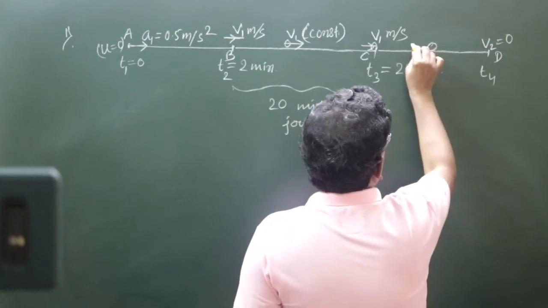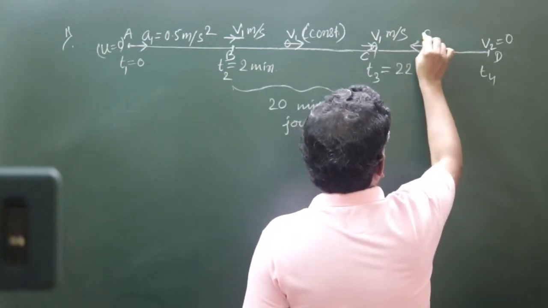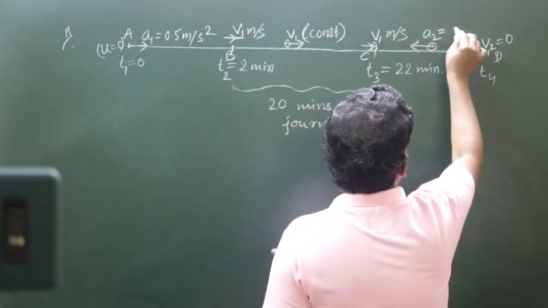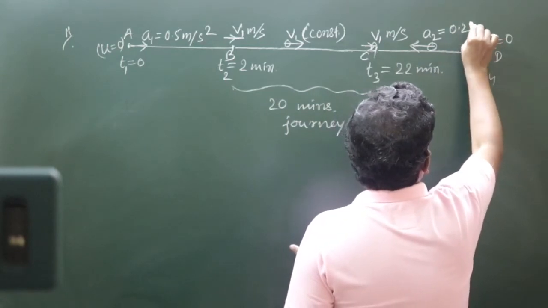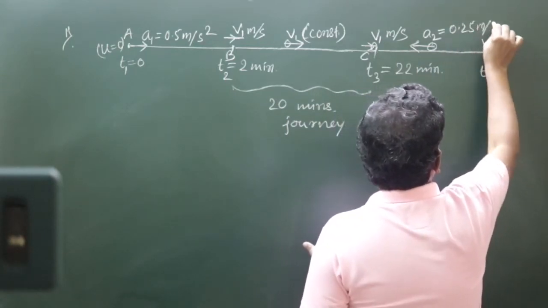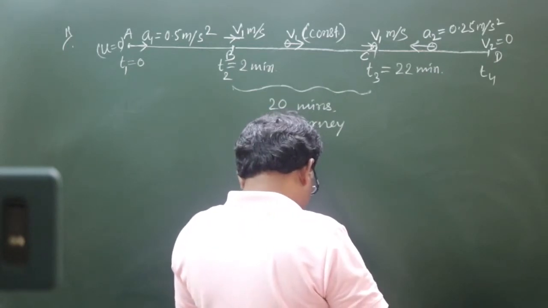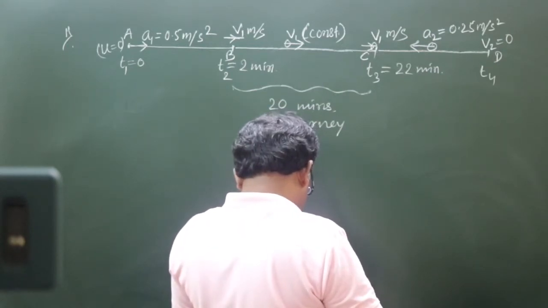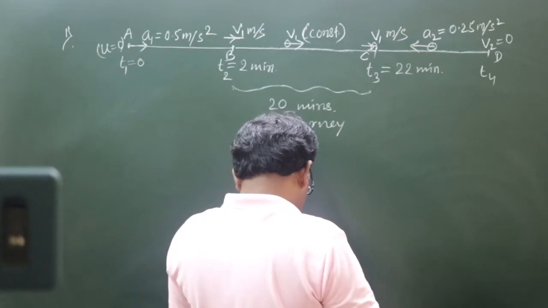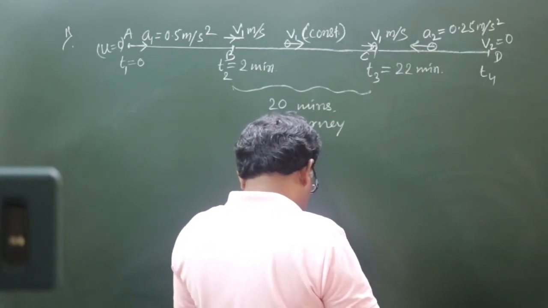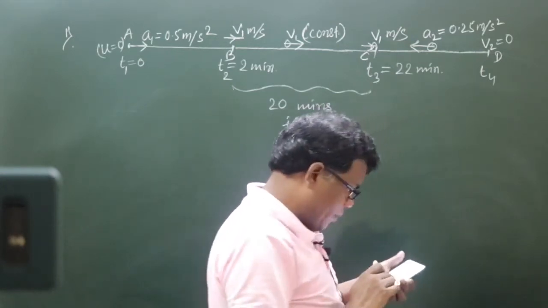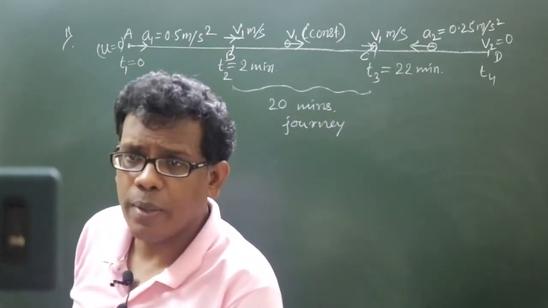During this retardation, meaning negative acceleration, it is 0.25 meter per second square. But for how long? It says uniformly at the rate of, and comes to rest. The duration of the last part of the motion has not been mentioned.